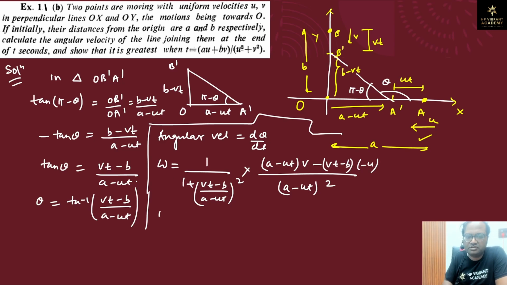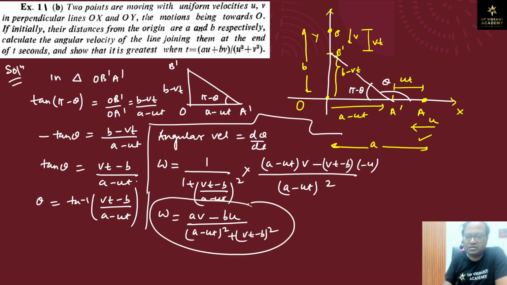So omega is equal to AV, and here we have minus UVT, and there it is plus UVT, so this gets cancelled. So this is AV minus BU upon (A minus UT) whole square plus (VT minus B) whole square.